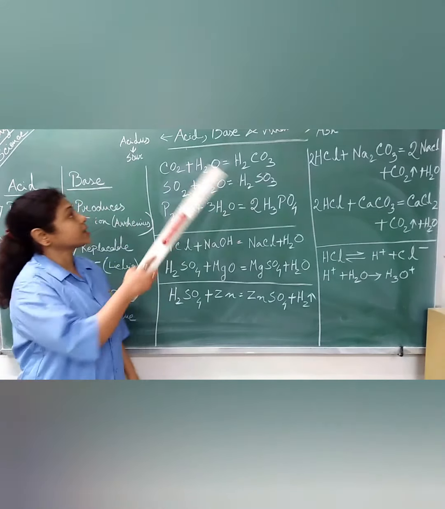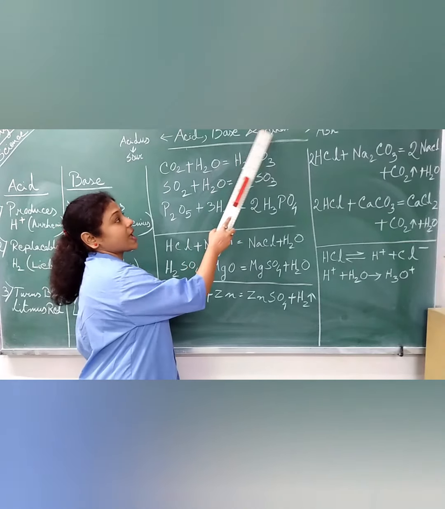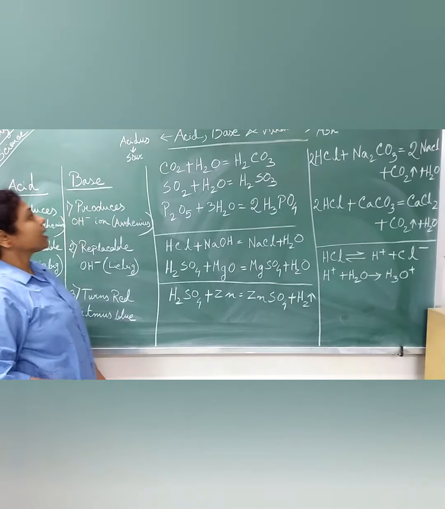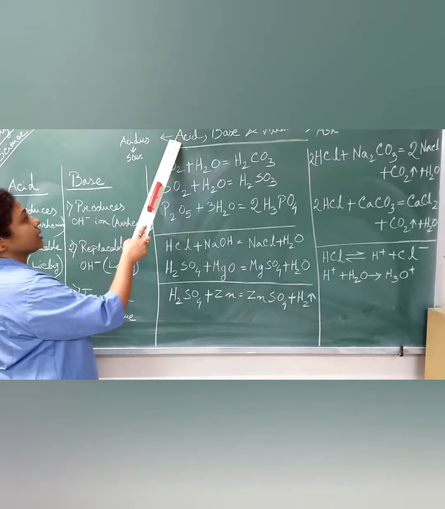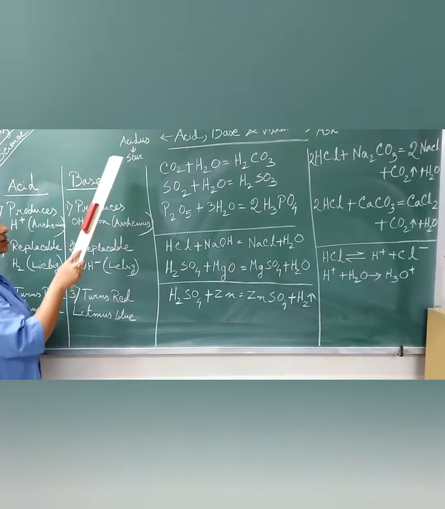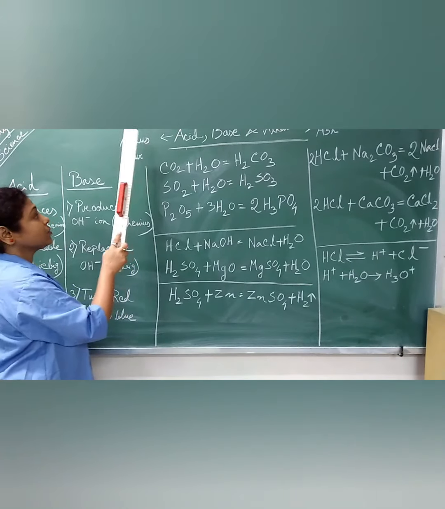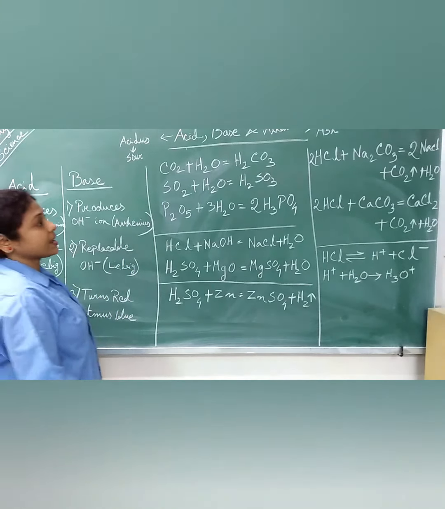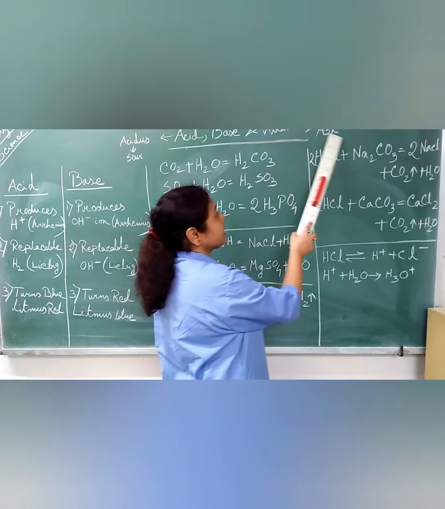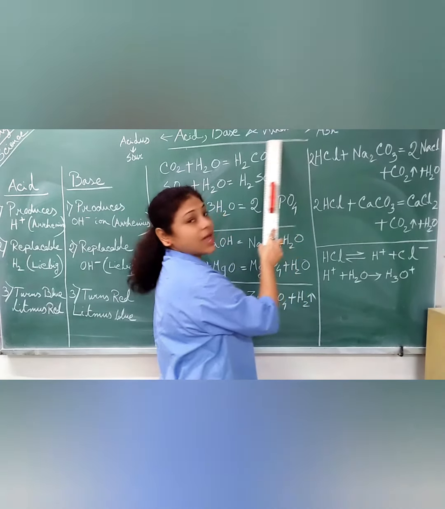Today I am going to start acid, base and alkali. Acid comes from acidus, which means sour. And alkali means ash.